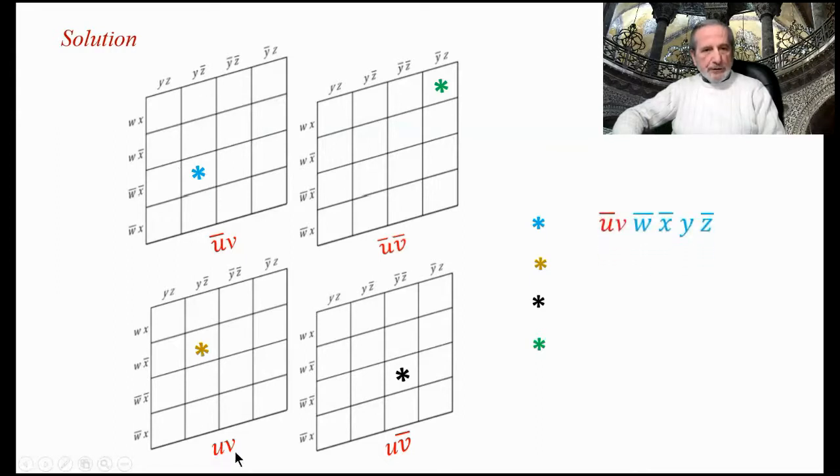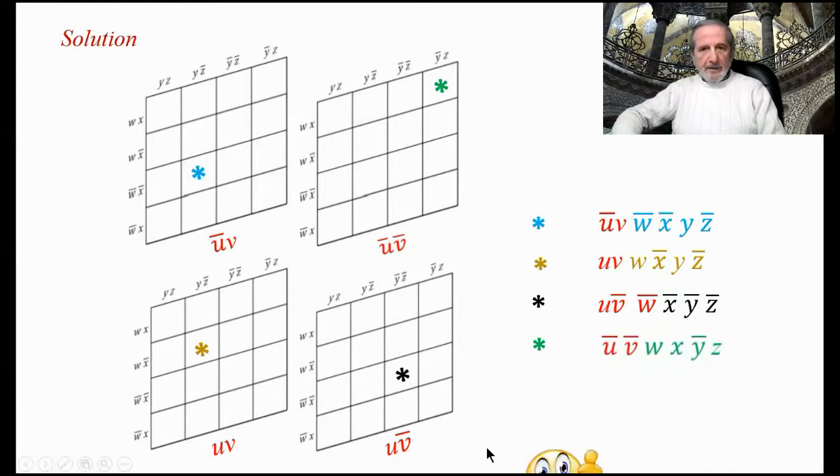This one here is uv, w x bar, y z bar. And this one here is u v bar, w bar x bar, y bar, z bar. And this one here is u bar v bar, w x, y bar, z. And I hope you got it right.